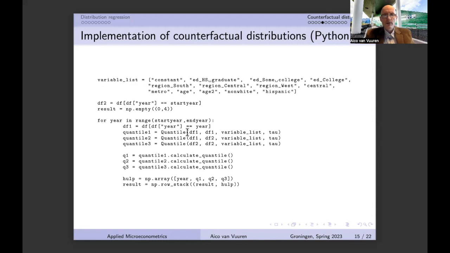But first of all, we're going to look at the quantiles of the population where individuals have the characteristics of the 1 population, and they're going to be paid like the 1 population. That's a population that actually changes every year.